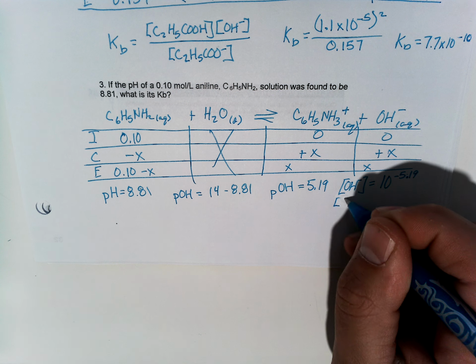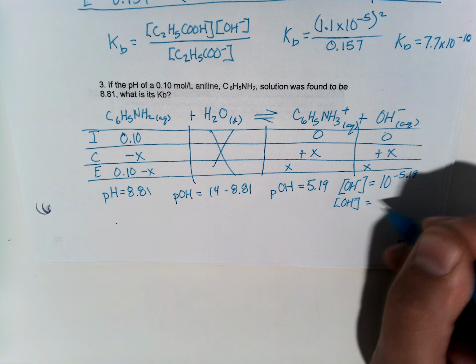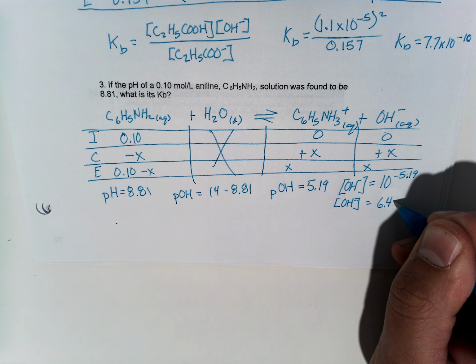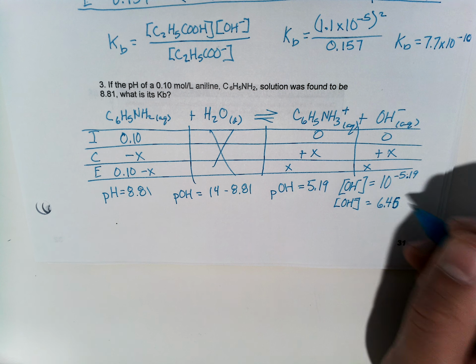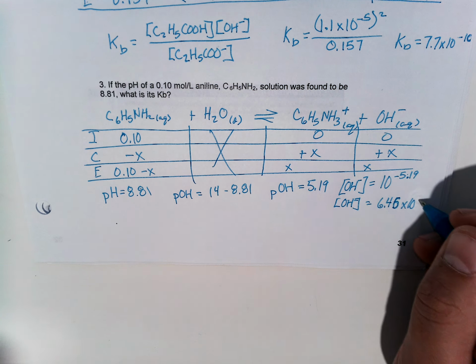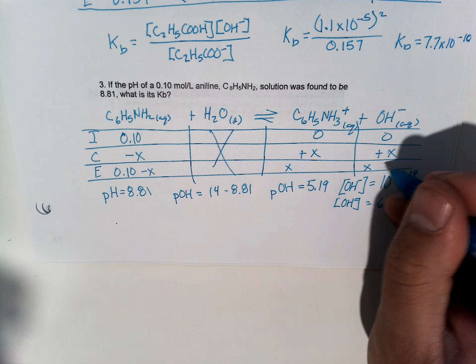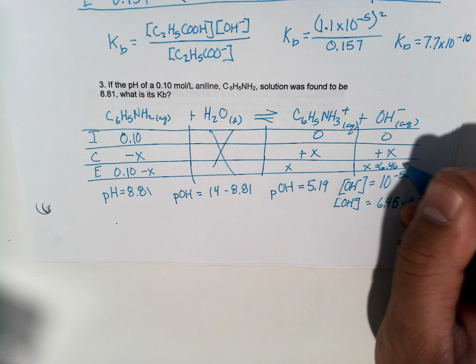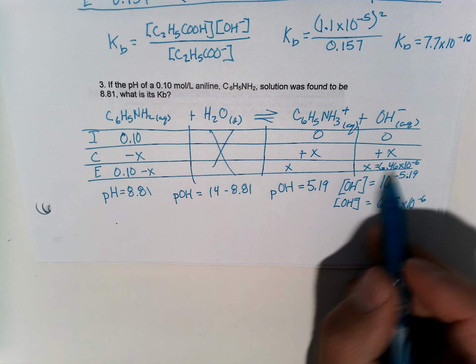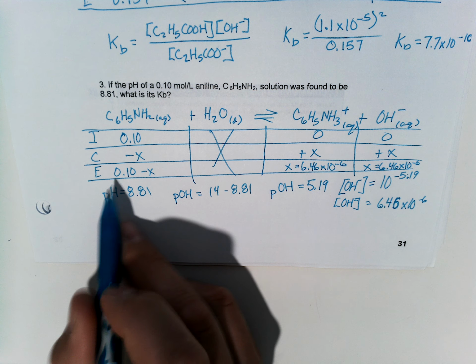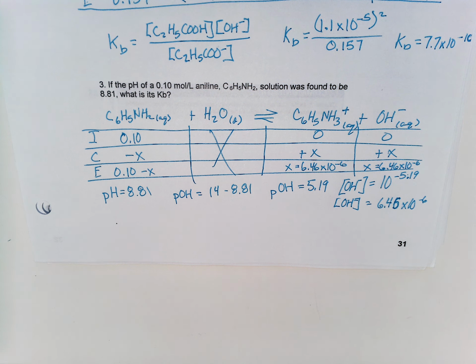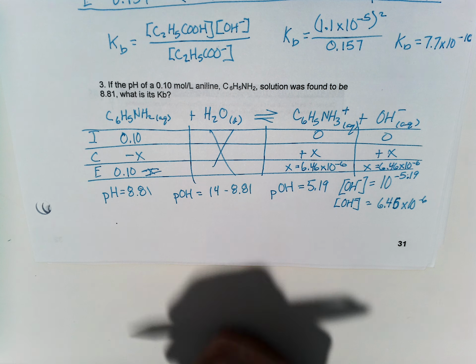So we get our concentration of hydroxide is equal to 6.46 times 10 to the minus 6. Okay, so that equals x. So now we know that both of these values are 6.46 times 10 to the minus 6. And then if we go 0.1 minus 6.46 times 10 to the minus 6, really we got 0.1, so this doesn't matter, it's so small.